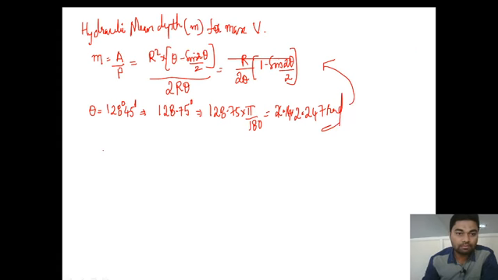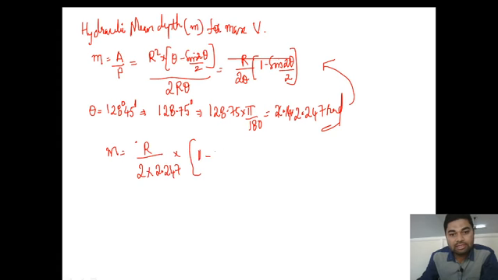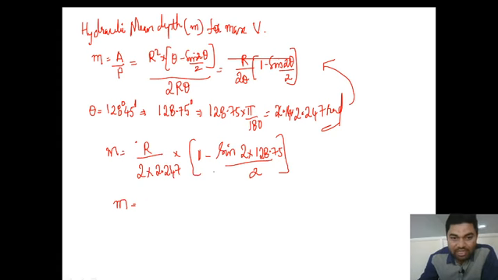M is equal to R by 2 into theta in terms of radians, 2.247, into 1 minus sine 2 theta, where theta we apply as 128.75, by 2 theta. So if we solve the above equation, we will be getting the value of M in terms of R. So it is 0.611 R.